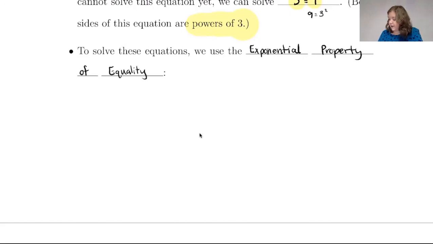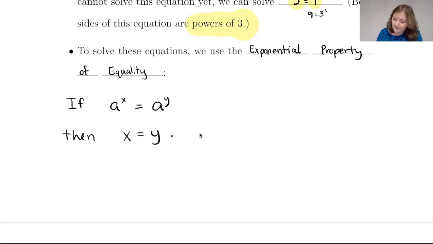So the exponential property of equality says this: if a to the x equals a to the y, so notice in that case we had the same base on both sides, which is a, then we can just set the exponents equal to each other. x equals y. And that is what we're going to be using to solve the equations in this section.